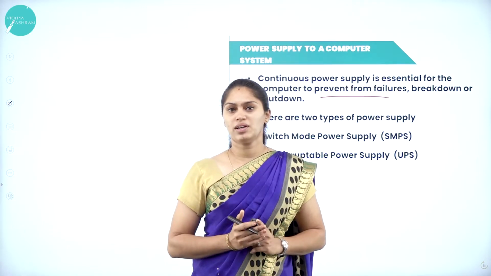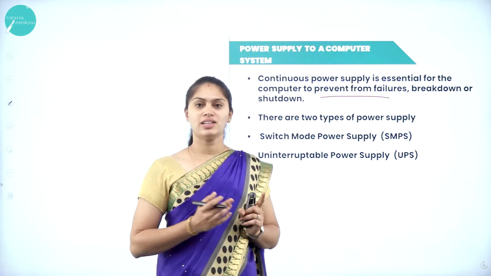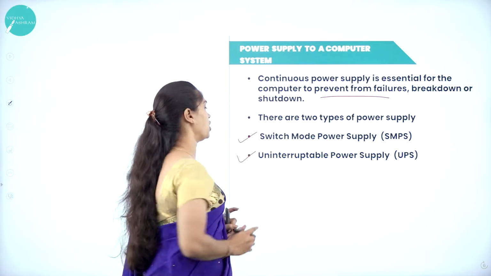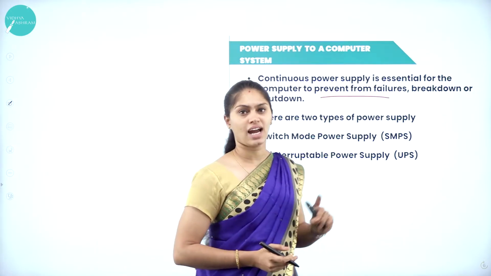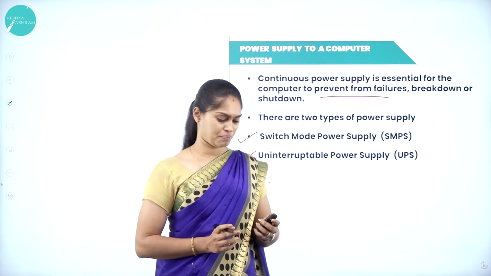What are all the ways to supply power to the computer system? There are two ways, that is SMPS and UPS. SMPS stands for switch mode power supply, and UPS stands for uninterruptible power supply.